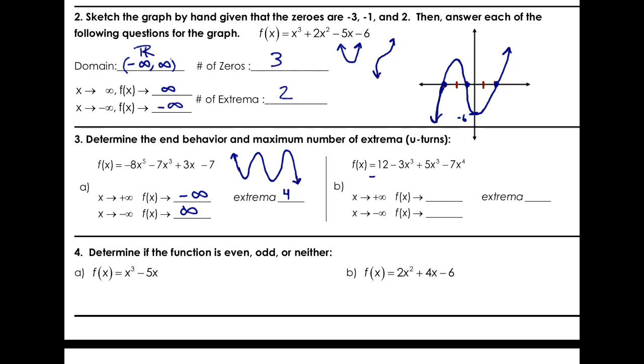So negative 7x to the 4th. And then we have like terms here. So we have that and that. That's a 5x cubed minus a 3x cubed, which would be a positive 2x cubed. All right.